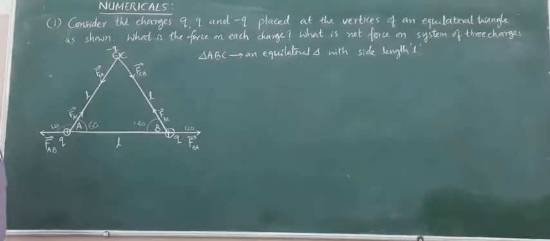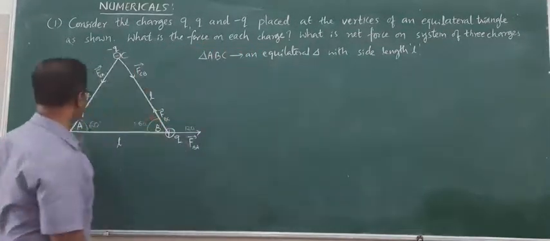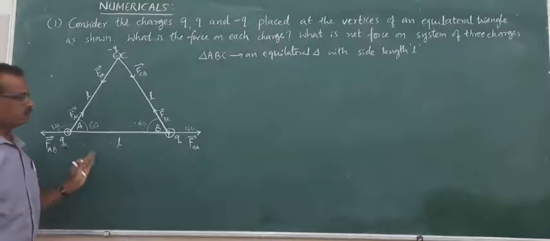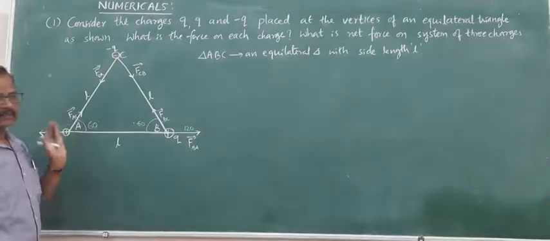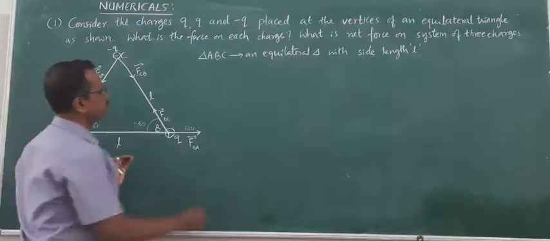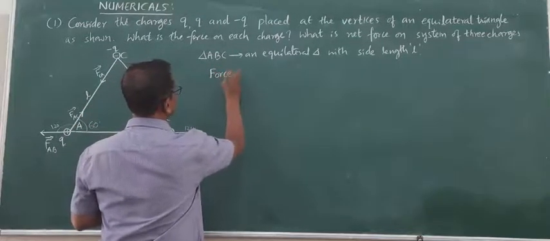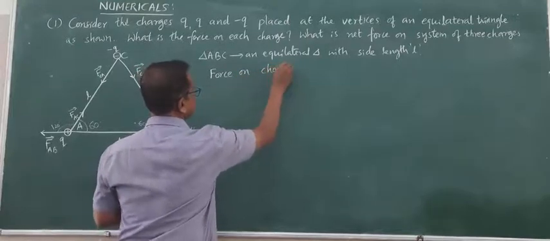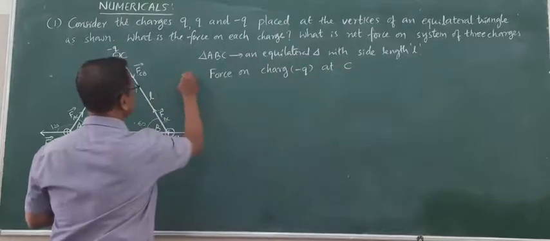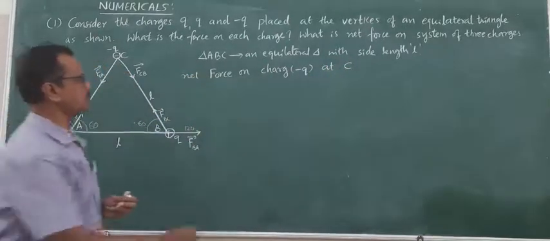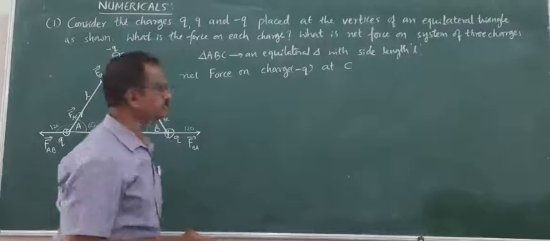Right? Now the question is to calculate what is the force on each charge. So let me calculate force on charge at A, then force on charge at B, then force on charge at C. We will start with force on charge at C. Net force on charge minus Q at C, I have to calculate.